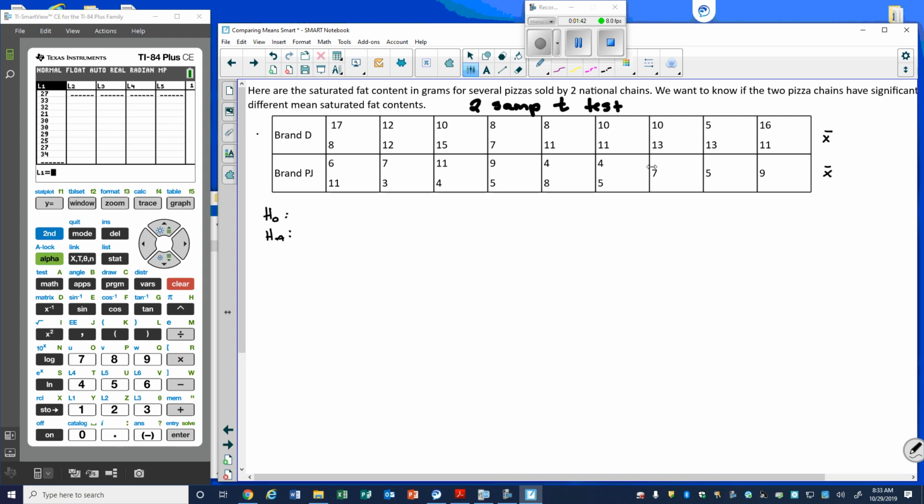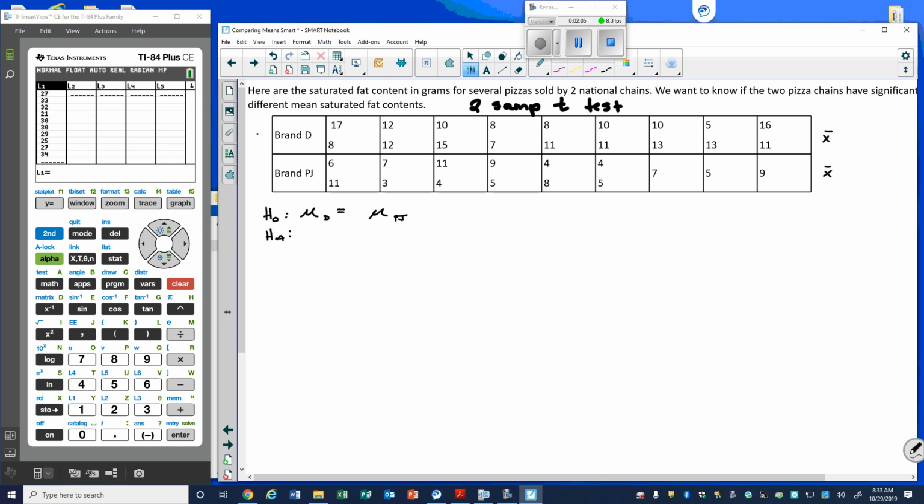So from this sample, we really want to know about the true average fat content for these particular brands. Now, because I've run two separate samples, I should have two mean values in my hypothesis where I am comparing the mean from brand D to the mean from brand PJ.